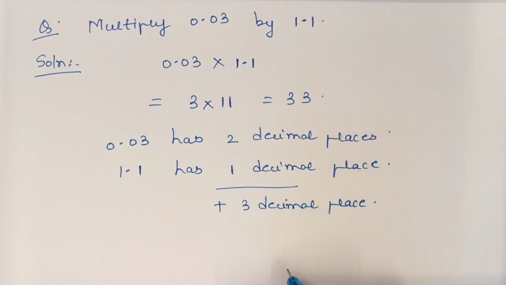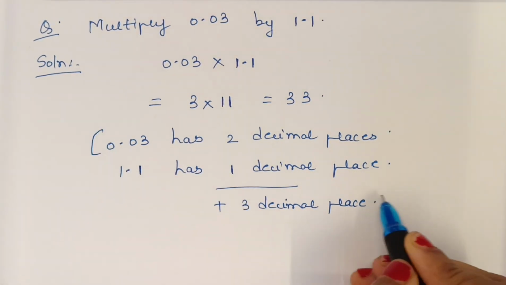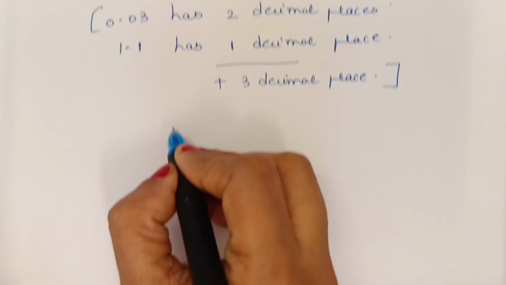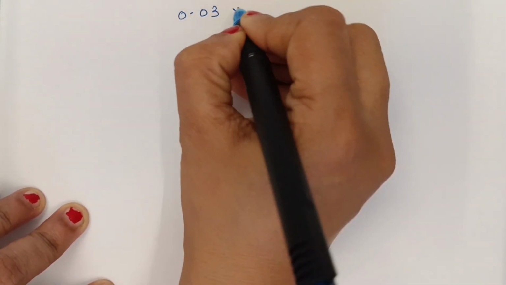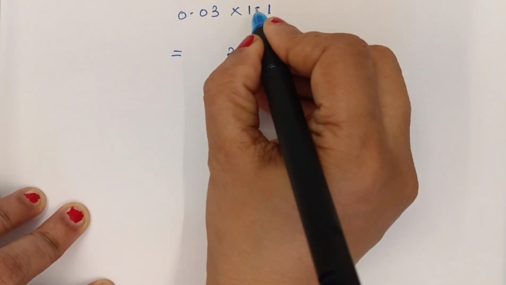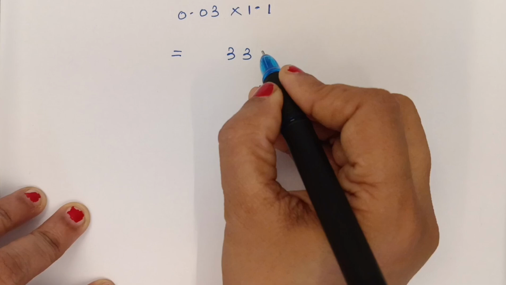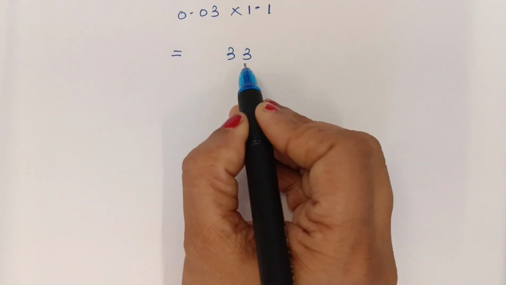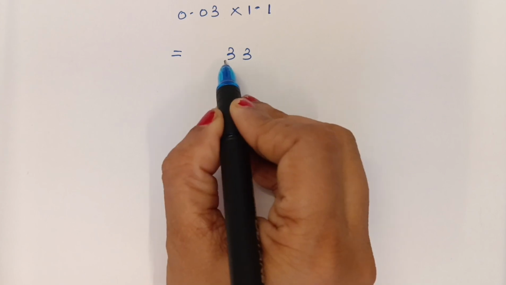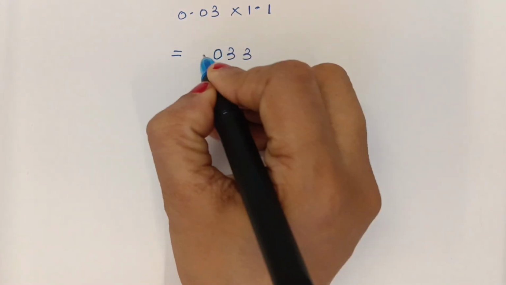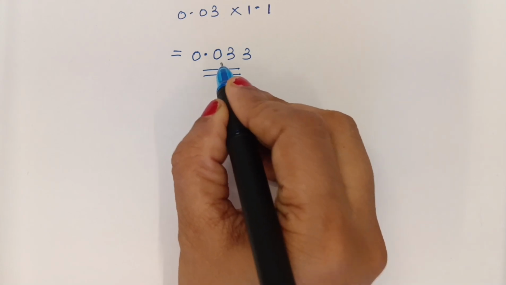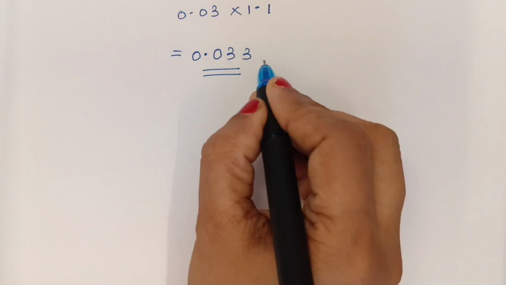No need to write this in the solution. This part is just for explanation. So your final answer is, 0.03 into 1.1, which is 33. Total 3 decimal places, you have to start from the ones place. Ones, tens, only 2 decimal places, so write down 0. So your final answer is 0.033.